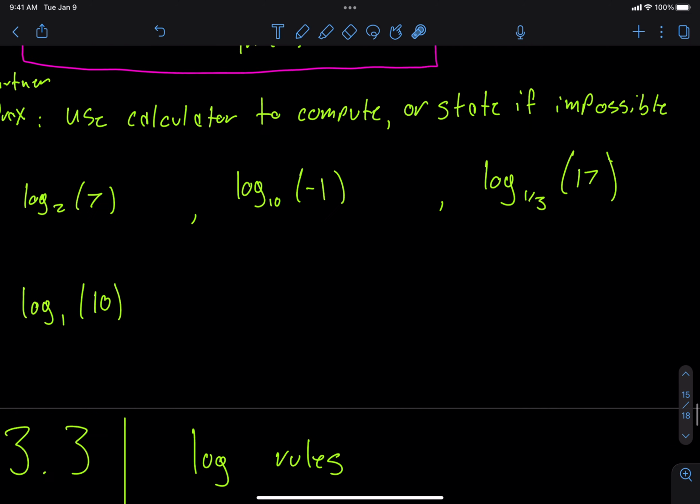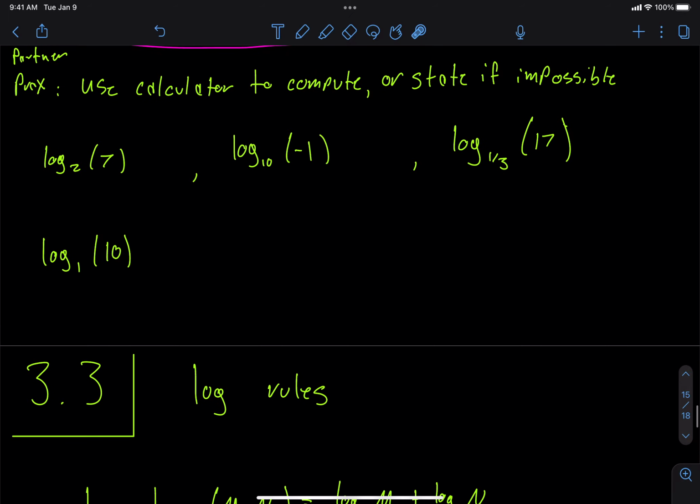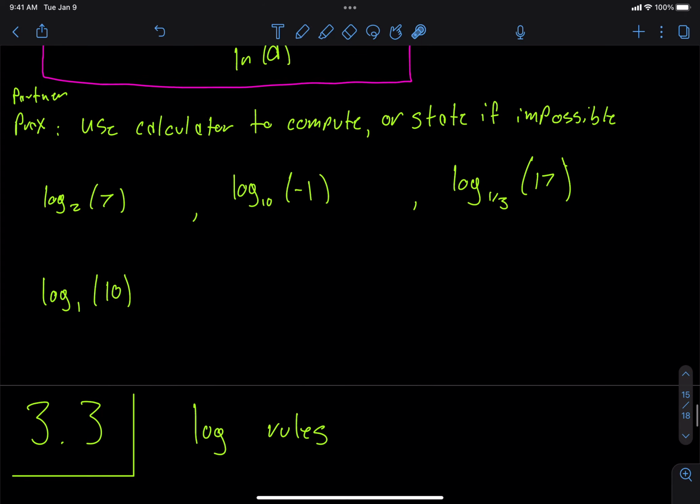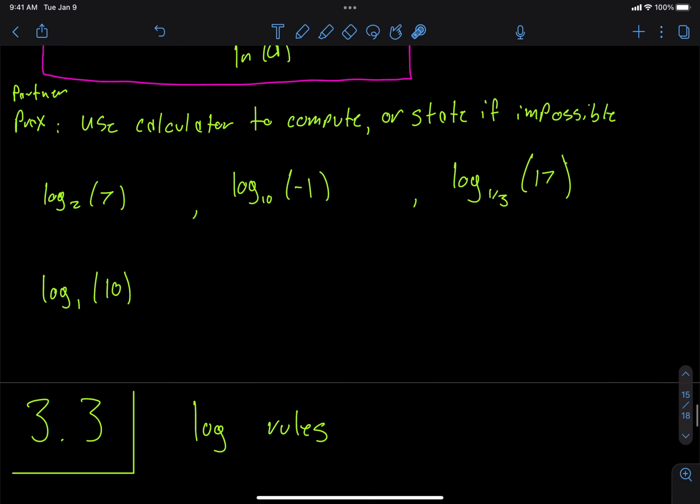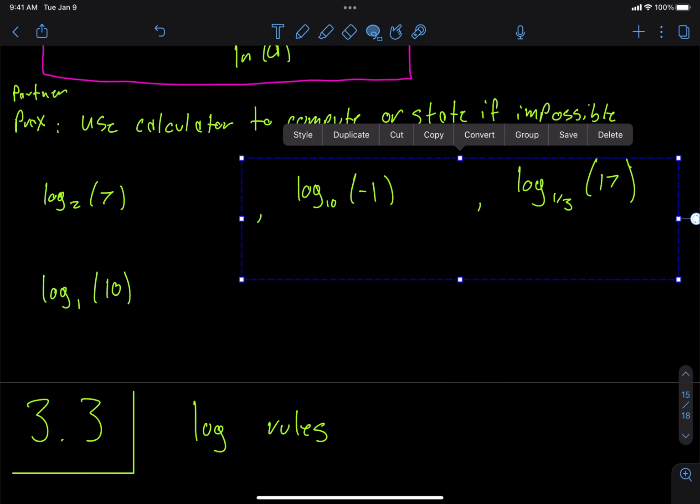So, okay, who has a calculator on them right now? Okay, that's a problem. All right, well, how would I go ahead and calculate these? Yeah, I shouldn't have put this as an example for partner practice.